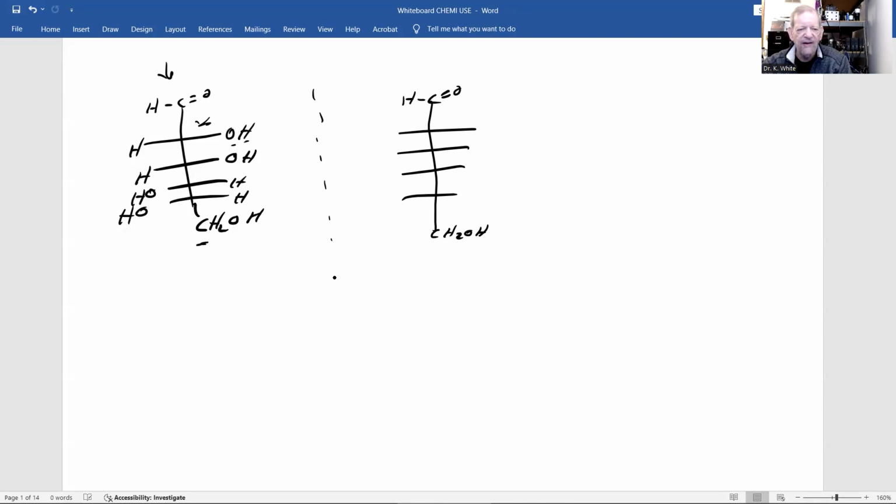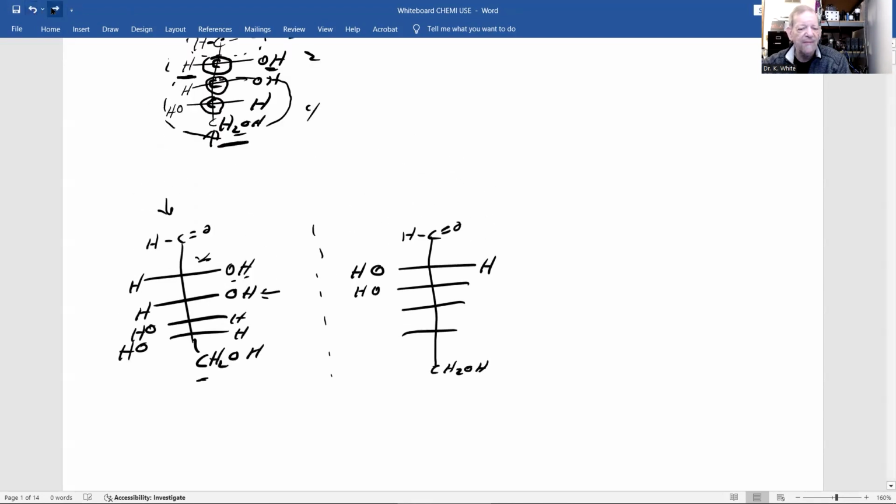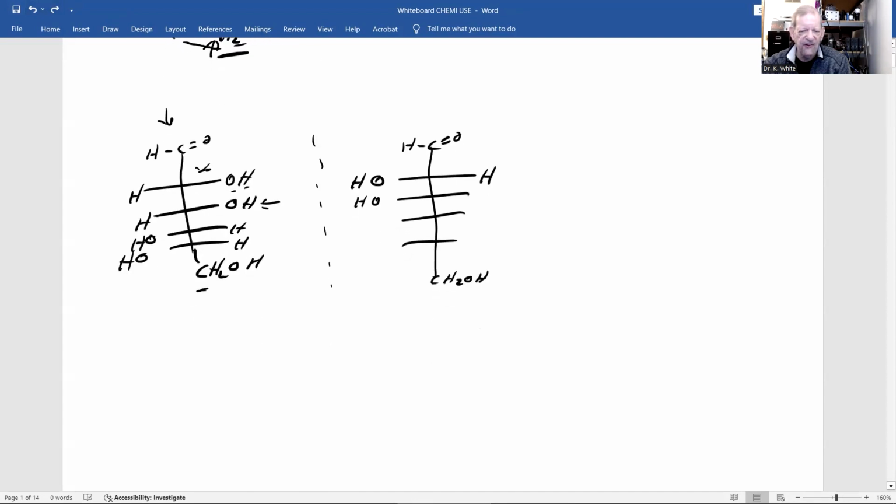So here, the hydroxyl group is closest, and the hydrogen follows farthest away. This one, same thing. What's closest to the mirror, you'll see first. What's farthest away, you'll see farthest away from the mirror in the reflection. Same thing here. What's closest to the mirror, H, farthest away, OH.